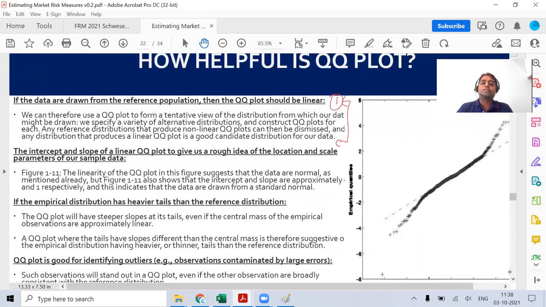What does this first point talk about? It tells you whether your actual data matches with your assumed distribution or not. If everything falls on the same line, then it means your assumed distribution and actual data match. That means we can go ahead and do the VAR analysis as required.